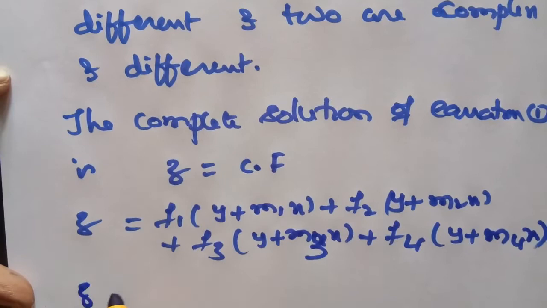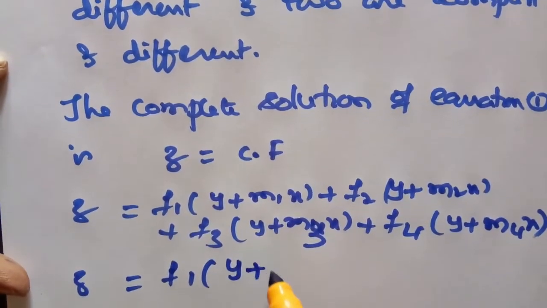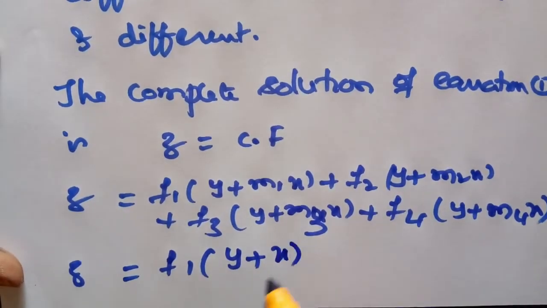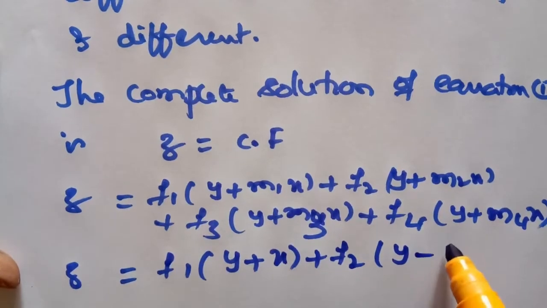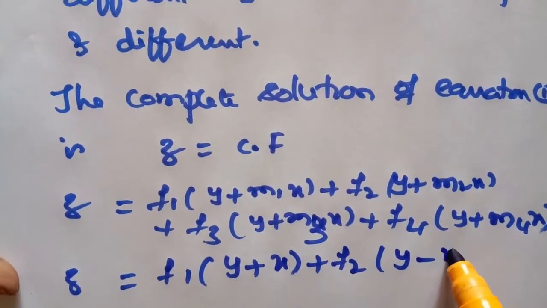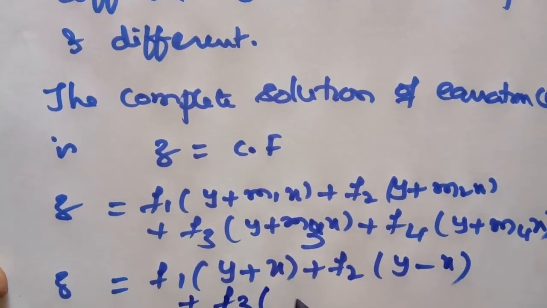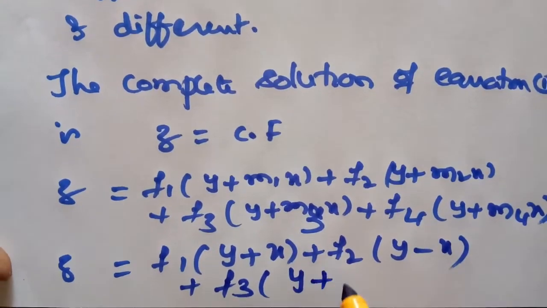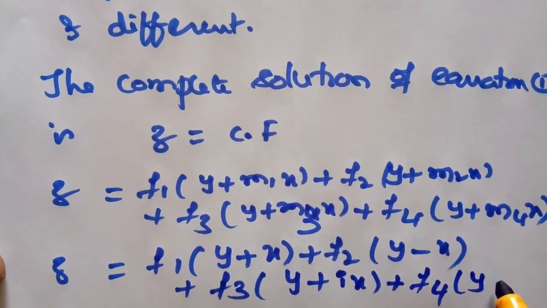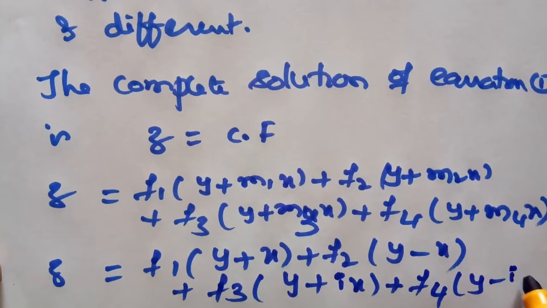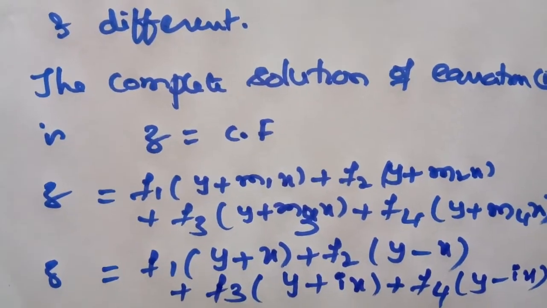Therefore, this is z is equal to f1 of (y plus 1x) plus f2 of (y minus 1x) plus f3 of (y plus ix) plus f4 of (y minus ix), since m3 is i and m4 is minus i.